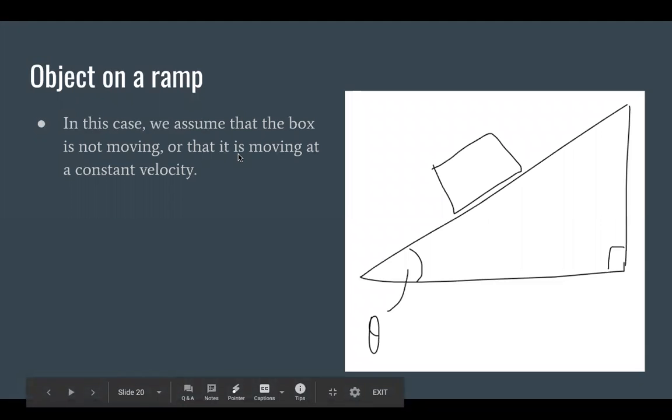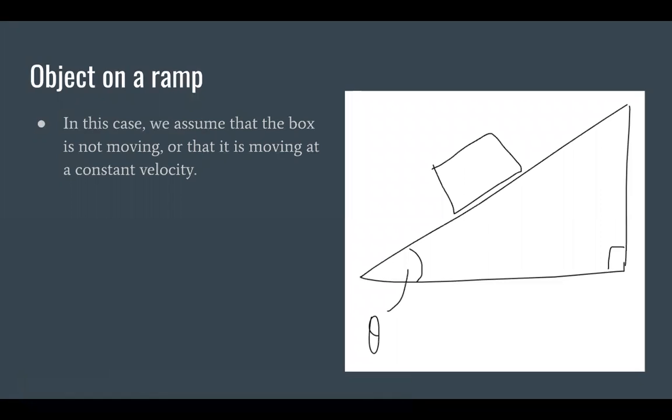Okay, so object on a ramp. This is something you'll almost certainly encounter during your time studying for the MCAT or even on the MCAT itself. Let's say we've got a box resting on a ramp or moving along it at constant velocity. Let's say it's resting on the ramp, not moving.